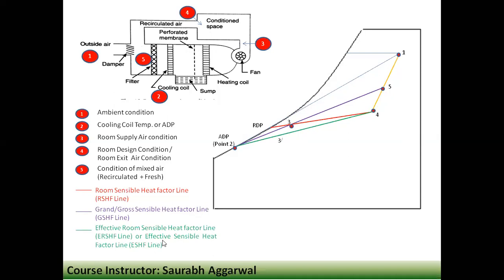Now these three lines are important. The most important line is the room sensible heat factor line, and that's why I've shown it in red. It is the portion where actual heat transfer takes place within the room, from 3 to 4, as you can see over here.